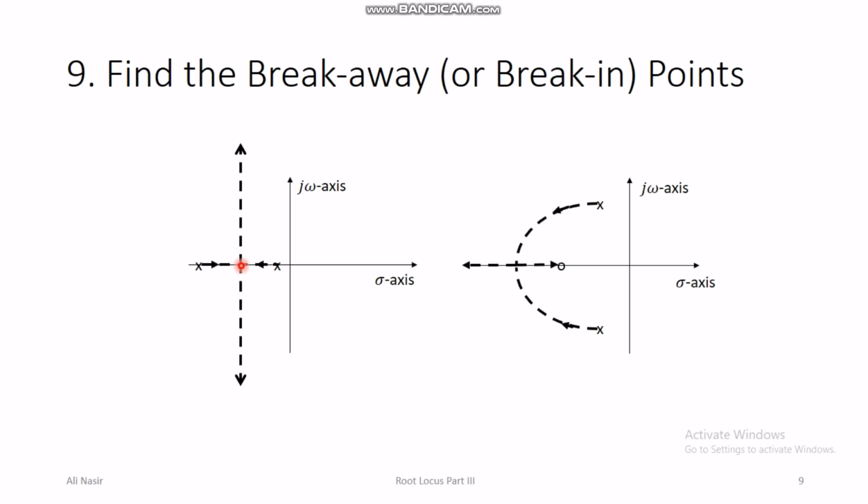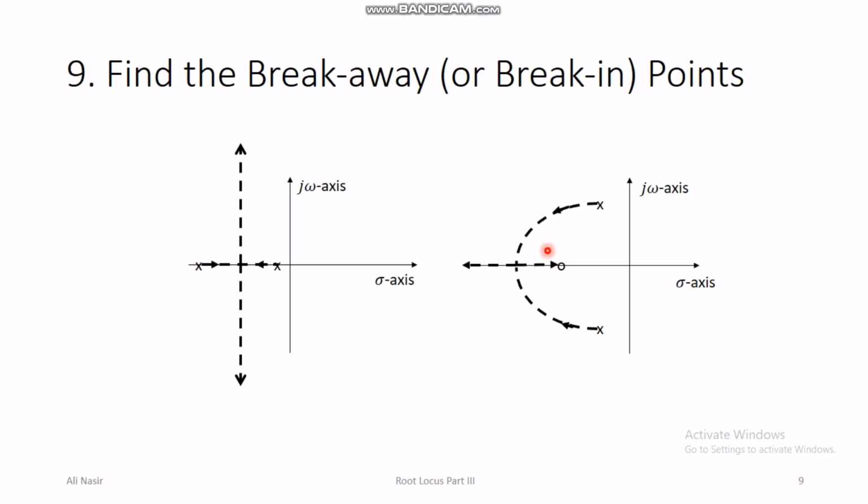So breakaway is always like one pole goes up and the other pole goes down. So the paths of the poles never overlap. Whenever they collide, the poles break away. So all the breakaways happen on the real axis. Rule number 9 is how to calculate this exact point where the poles meet and break away.